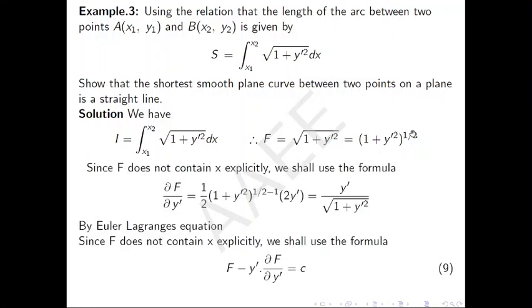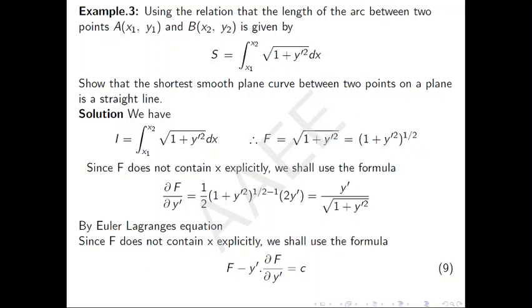Since f does not contain x explicitly, and does not contain y also, dou f by dou y dash is equal to, as usual, 1 by 2 times f as it is raised to n minus 1, here n is 1 by 2, so 1 by 2 minus 1, and the derivative of 1 plus y dash square by chain rule is 2y dash. This is 1 plus y dash square raised to minus 1 by 2, which can be written as, this 2 will get cancelled with this 2, y dash upon under root of 1 plus y dash square.